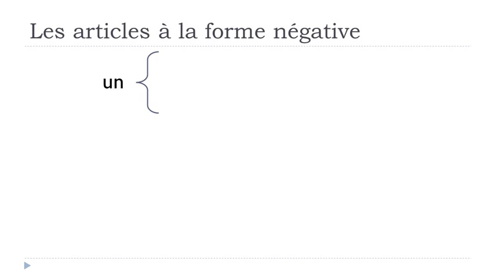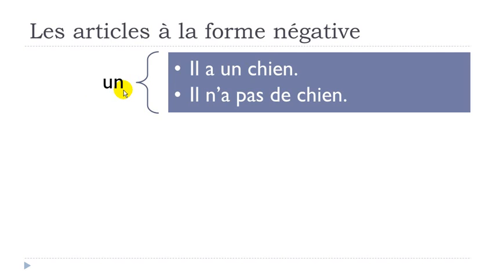Okay, so let's see the example for the article indéfini at the masculine form, like un, for instance. Il a un chien. Okay, un chien, a dog. And here we've got the verb avoir. So keep in mind that if you want to transform this sentence into the negative form, then il n'a pas de chien.